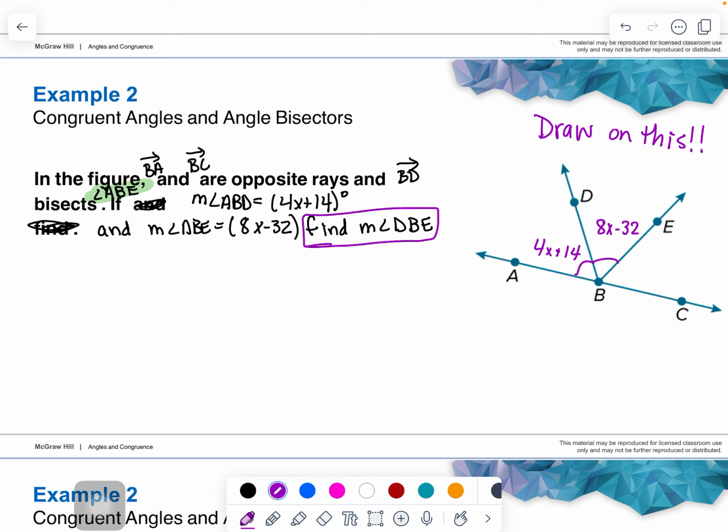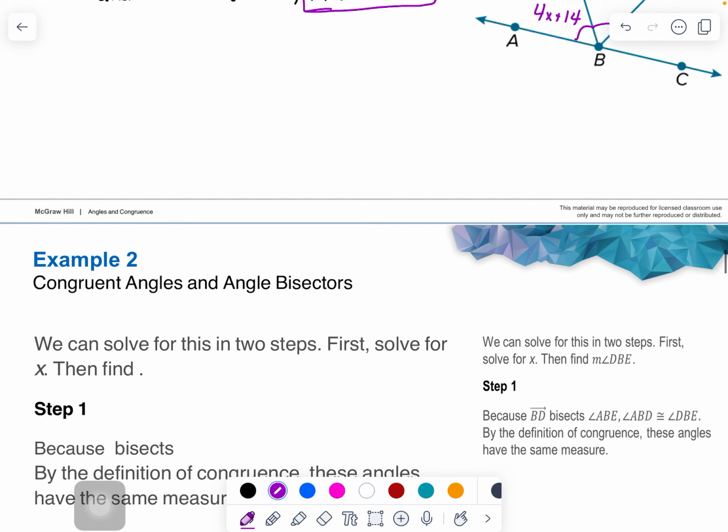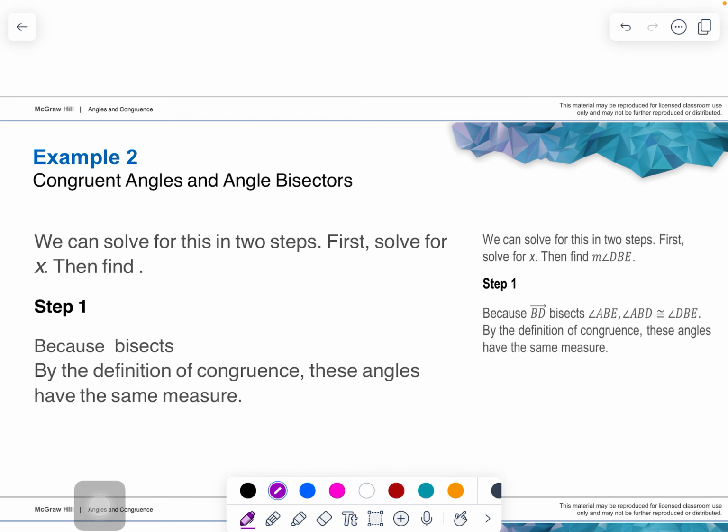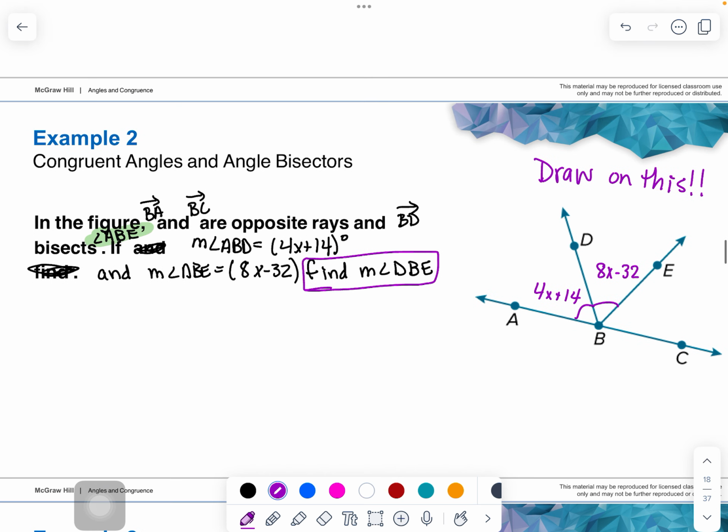Okay, so what do you need to do? Well, we're going to solve for this in 2 steps. We're going to have Mrs. Cruz solve it because they are not solving it down there correctly. Everything fell apart. So, because angle bisectors cut things in half, we know that angle ABD is equal to angle DBE.